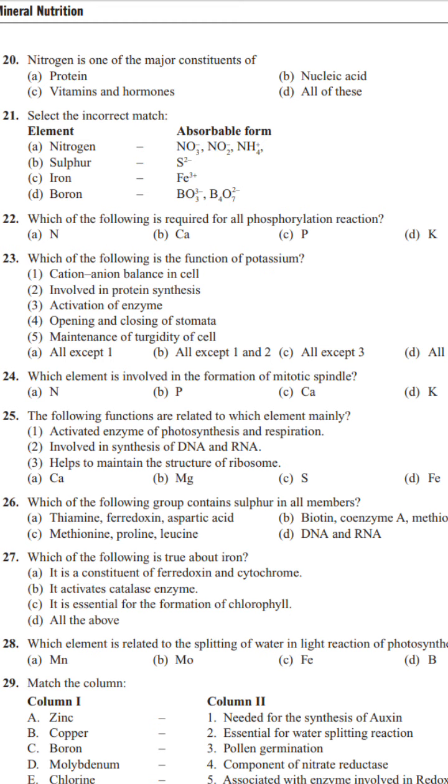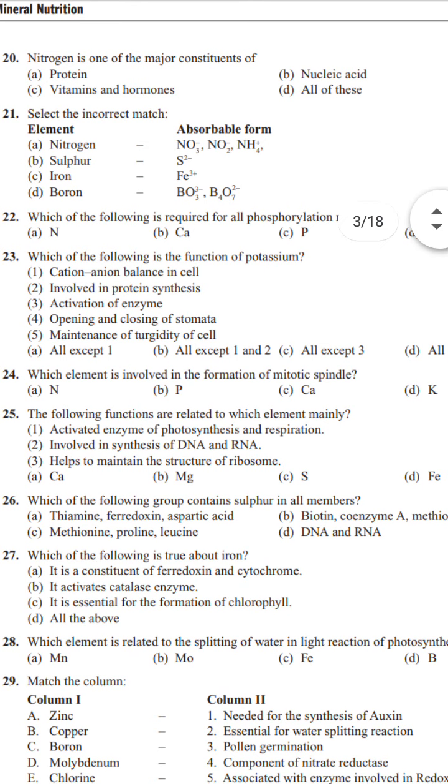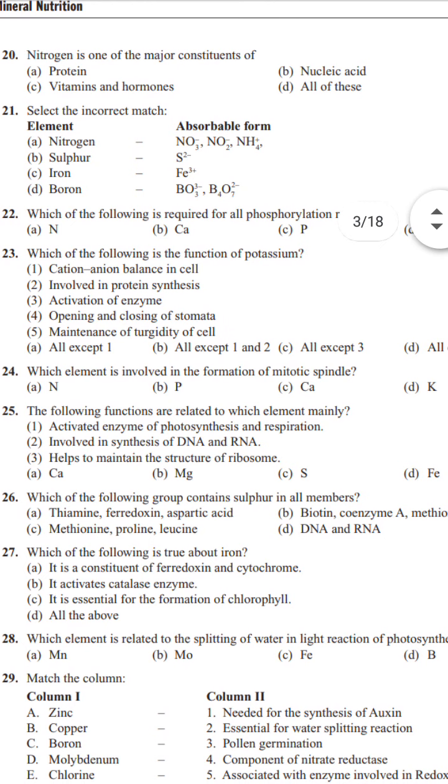Phosphorus is a constituent of cell membranes, certain proteins, nucleic acids and nucleotides, and it is required for all phosphorylation reactions. It means production of energy in the form of ATP by a process called phosphorylation. Understand? So the correct answer is phosphorus, option C, P. Hope you understood this one. Students, next is question 23.